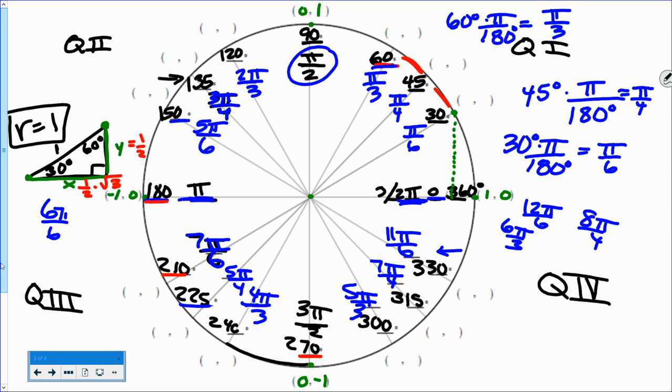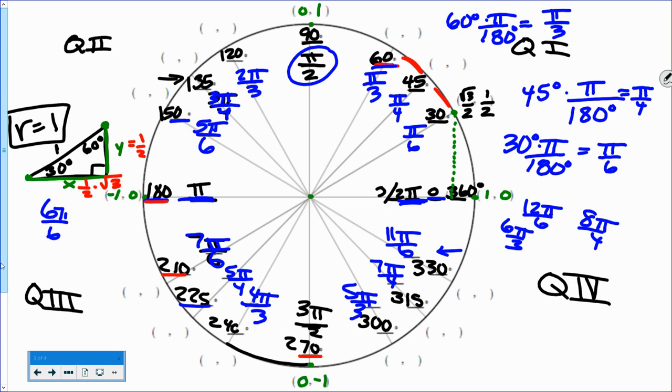So my y coordinate is a half, and my x coordinate is 1/2 times the square root of 3, which we write as the square root of 3 over 2. We have written down the square root of 3 over 2 and 1/2 many times in other places, so we're going to talk about that in a moment.